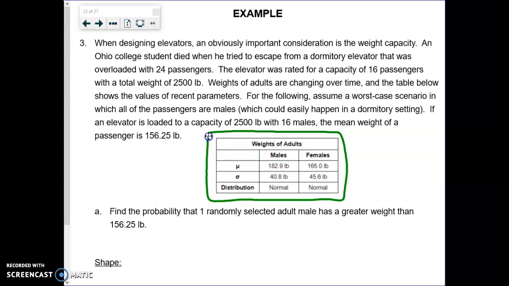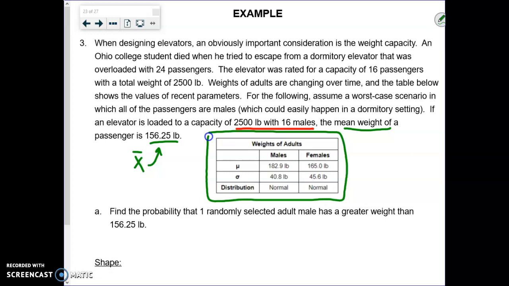We also look right here, we have a particular sample where 16 males weighed a total of 2,500 pounds. I'm going to put a red there because that's a red flag. They did give you the mean weight of that sample to be 156.25 pounds.